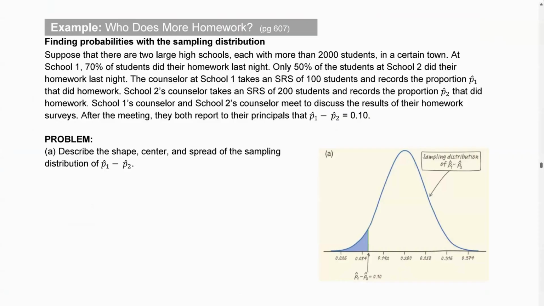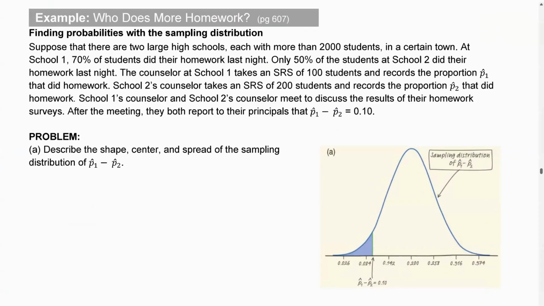It says, suppose we have two large high schools, each with more than 2,000 students in a certain town. At school one, 70% of the students did their homework last night. Only 50% at school two did their homework last night. The counselor at school one takes a simple random sample of 100 students and records the proportion p hat 1.